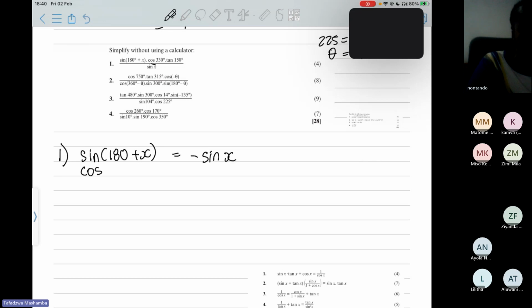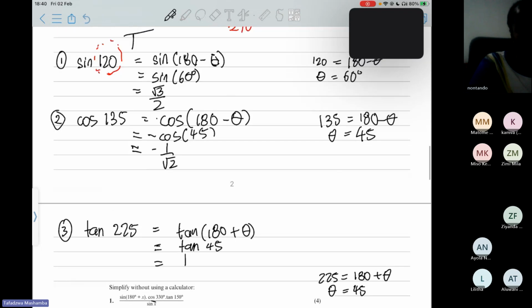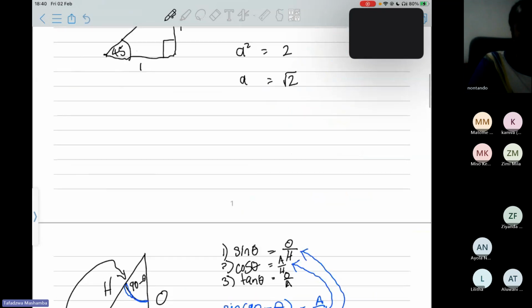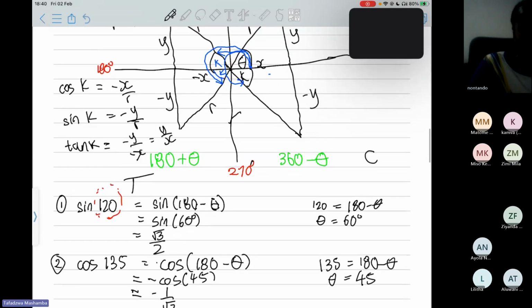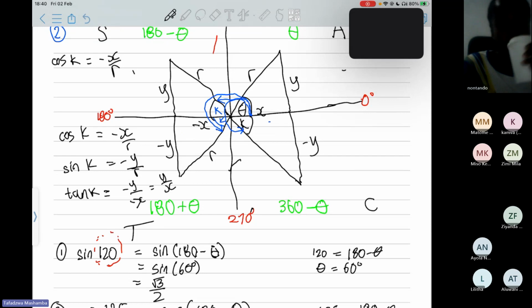What is cos 330? If you look above here, we can look at these quadrants again, and we can immediately identify 330 as being in the fourth quadrant.